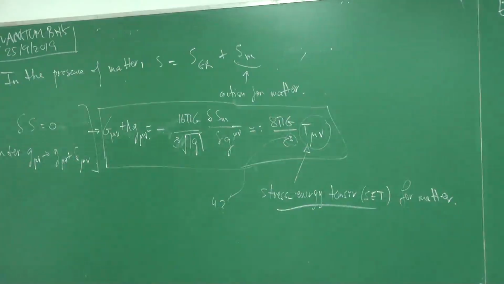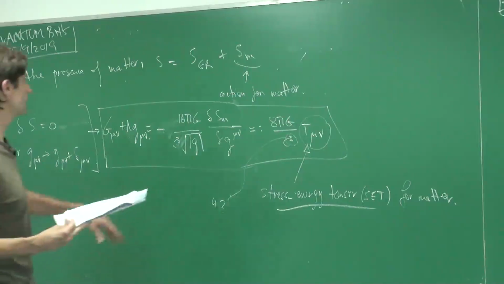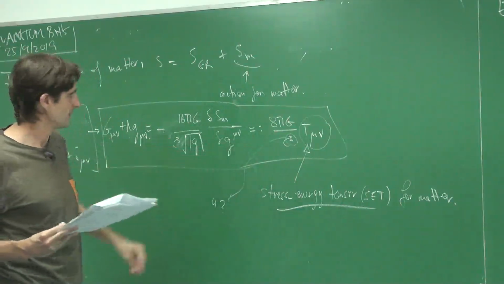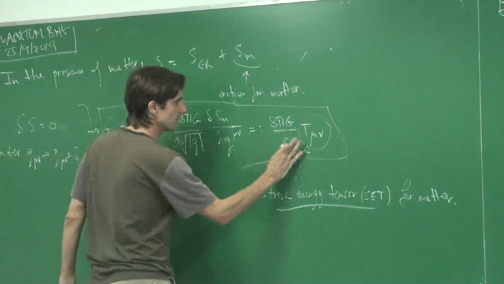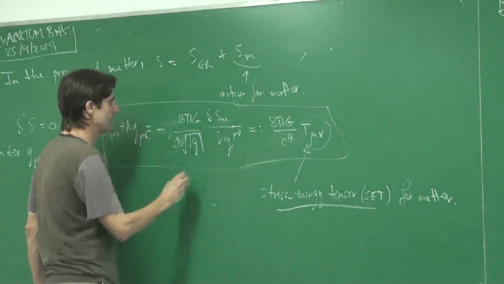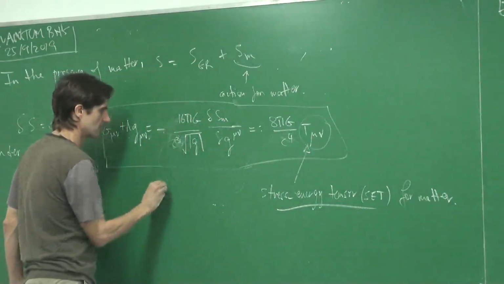So where does the C to the 4 come from? Unless the definition of the stress energy tensor has a C factor. But yes, I think that should be C to the 4. So let me check this.